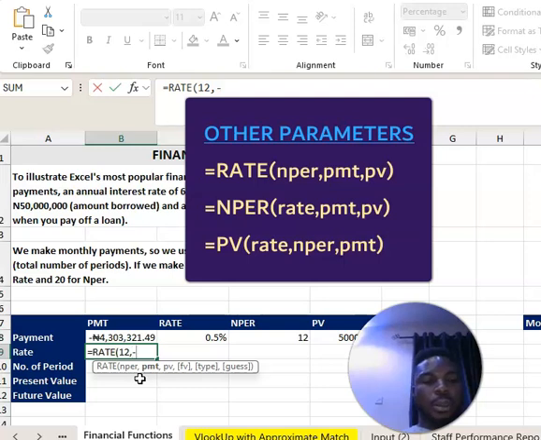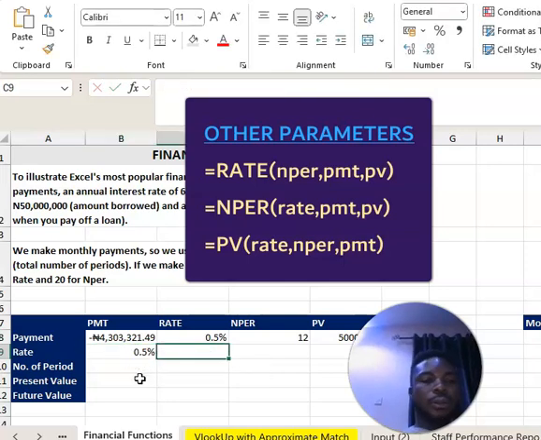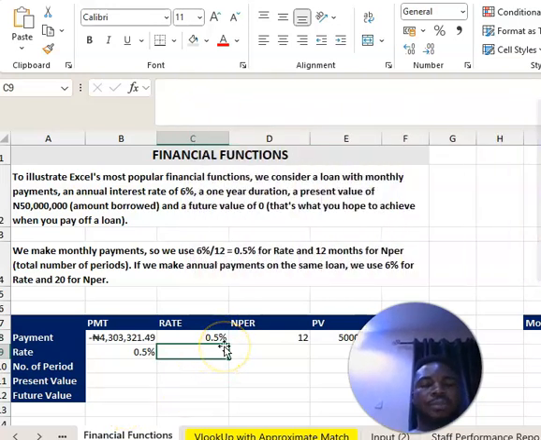Payment will be minus 4,303,321.49. My present value will be 50 million, and every other argument can be ignored. You can see that I have 0.5% as my rate, which tallies with what I have here. You can do the same thing for all other ones if you need to calculate them. That's fantastic.